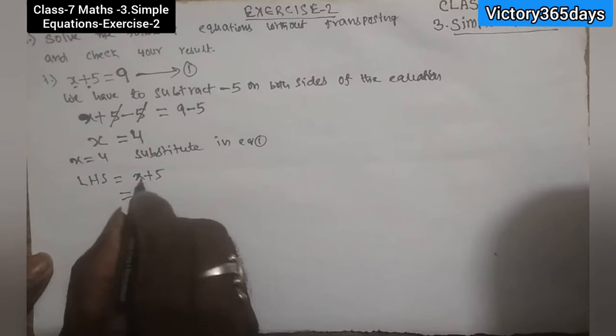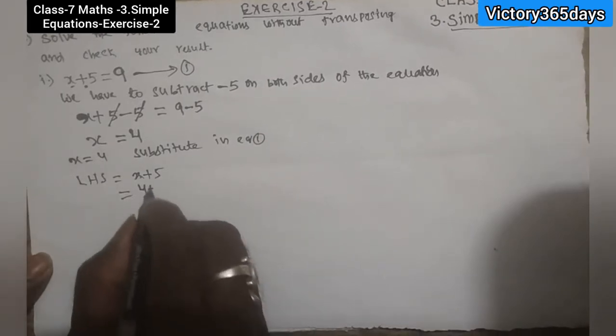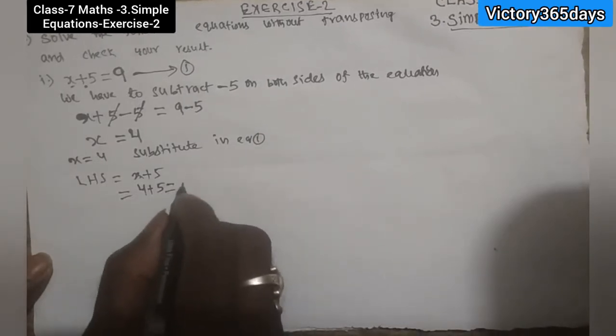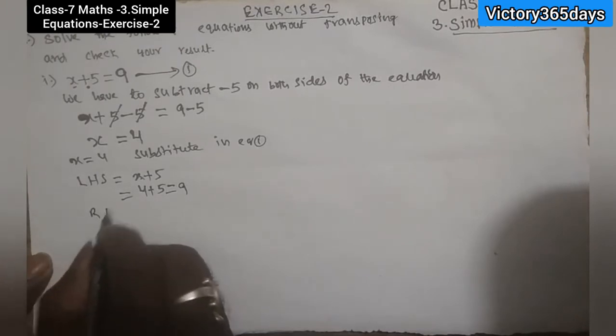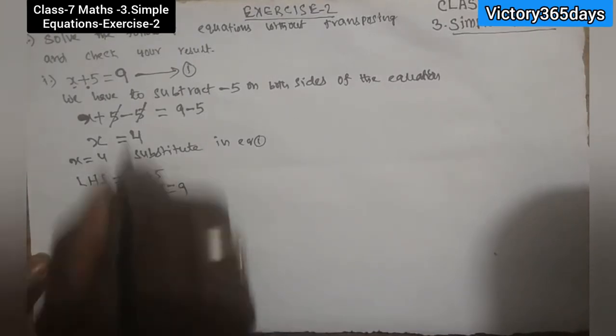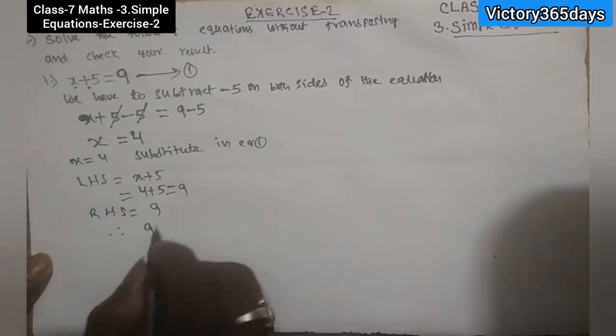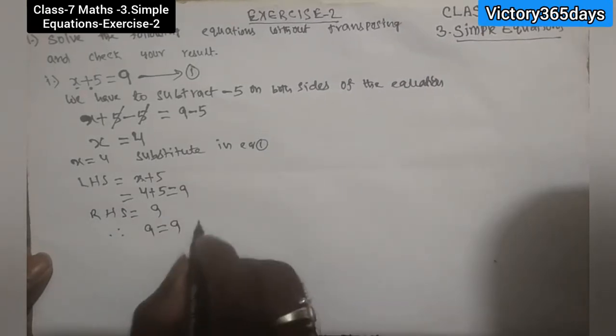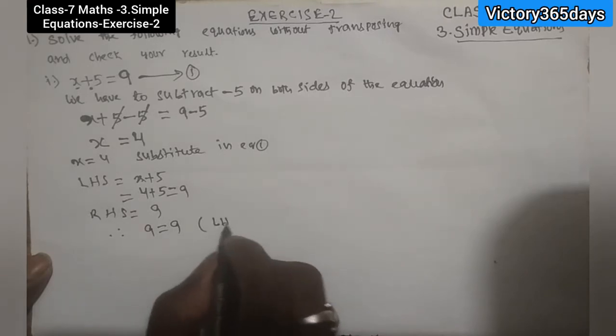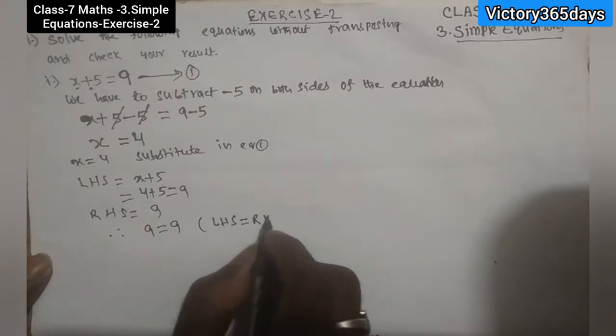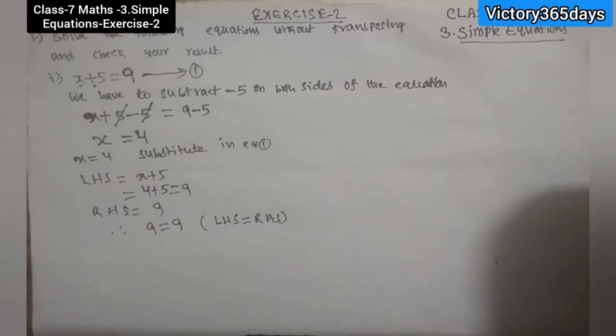In the x place we have 4, so 4 + 5 equals 9. What is the RHS value? 9 only. So finally we get 9 equal to 9. Therefore LHS equals RHS. We solved it.